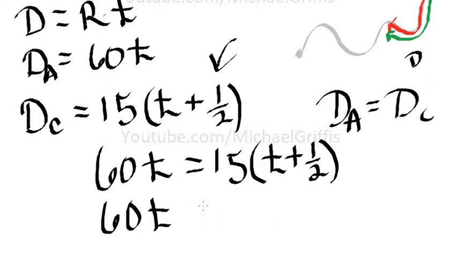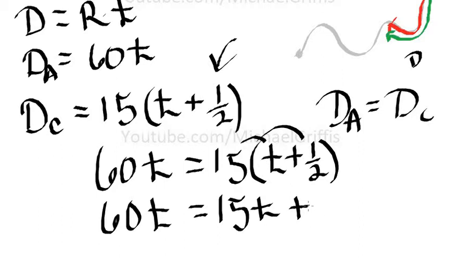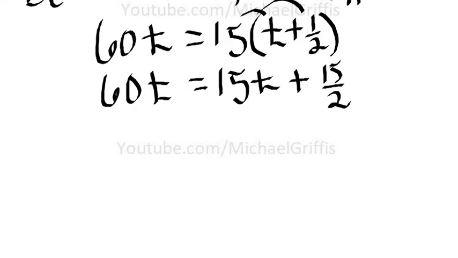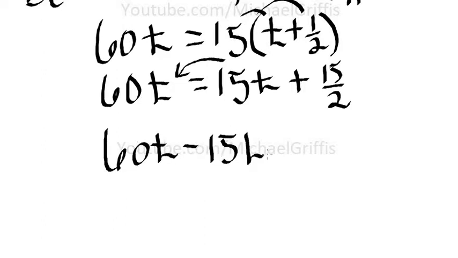So 60 times t is equal to, let's distribute this 15 across, so that becomes 15t plus 15 times a half, which we'll leave as 15 over 2 here. Now we'll want to take this 15t over, so this becomes 60t minus 15t is equal to 15 over 2.